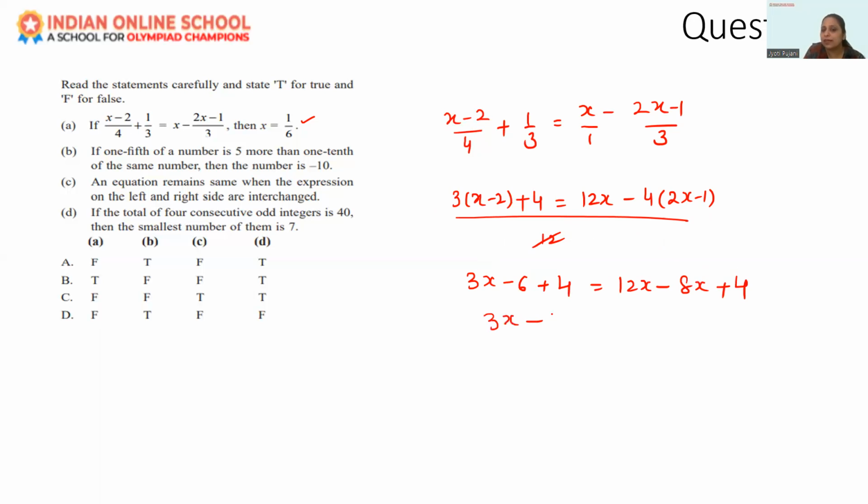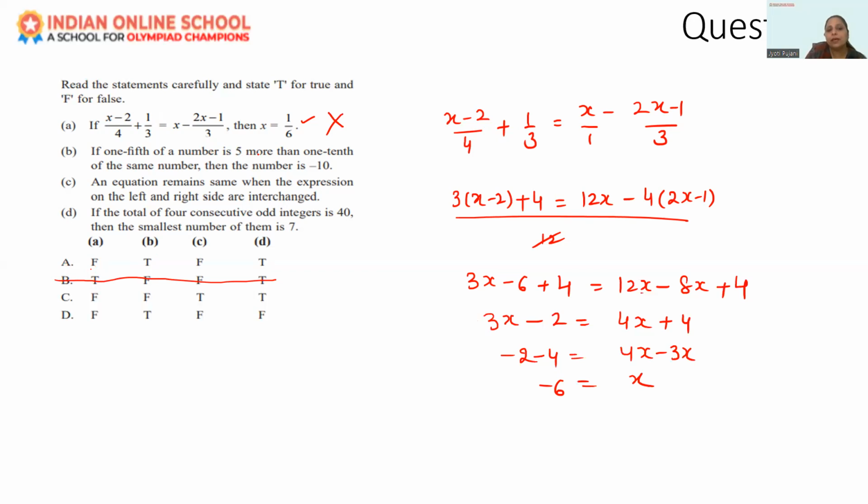So 3x minus 2 is equal to 4x plus 12. X on one side, other things on the other side. So 4x minus 3x is equal to minus 2 plus 4... here it is minus 4. So x is equal to minus 6. They are saying 1 by 6, so that's not the answer. So it is false. So it means B option can't be your answer. I will cut it.